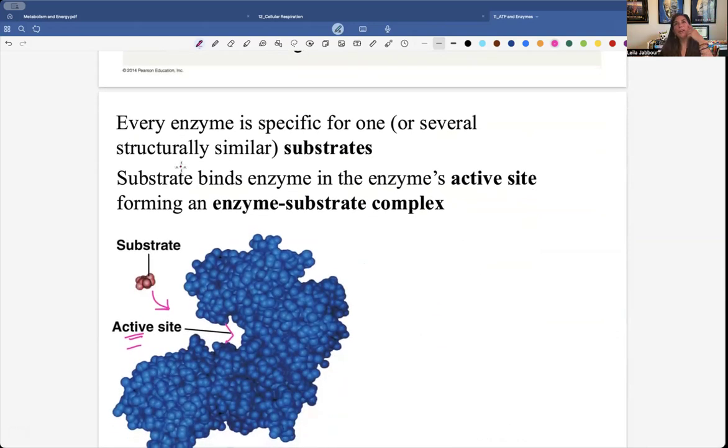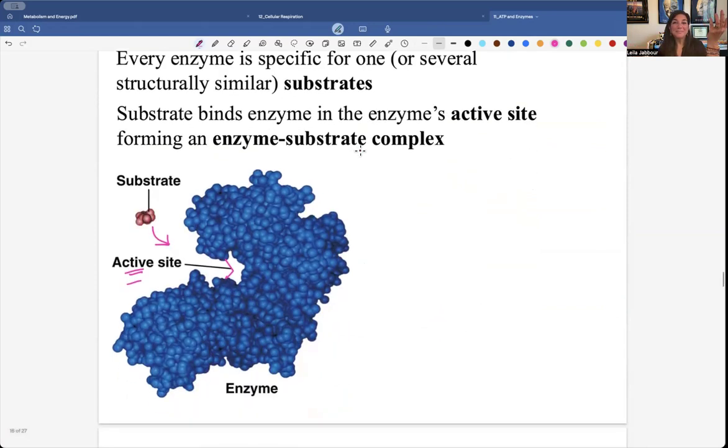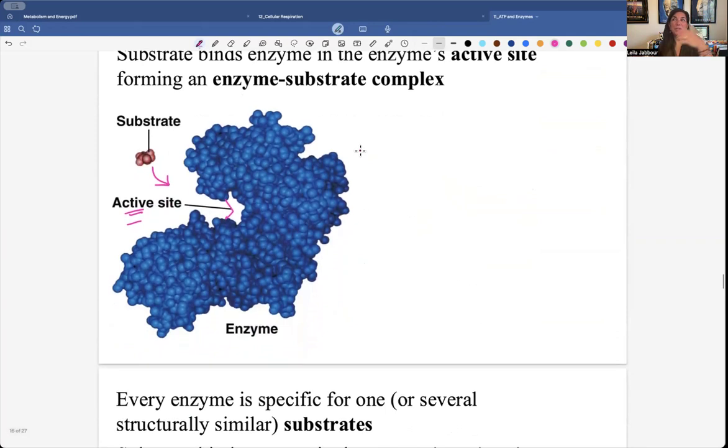Reactant is usually more of a word we see in chemistry, the reactant and the product. A substrate is usually used in the context of biochemistry, where we're talking about an enzyme and its substrate. So now we're talking about an entire molecule in a cell.